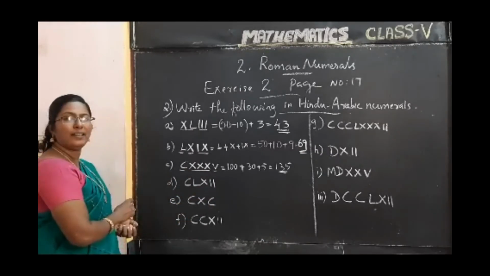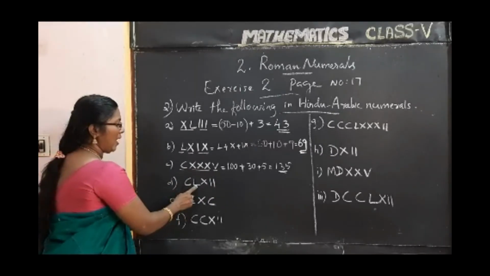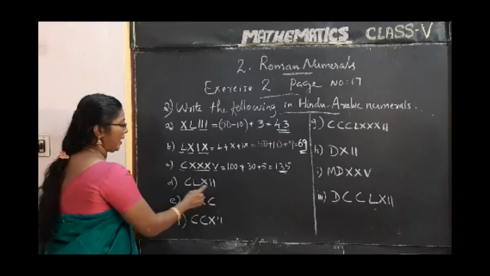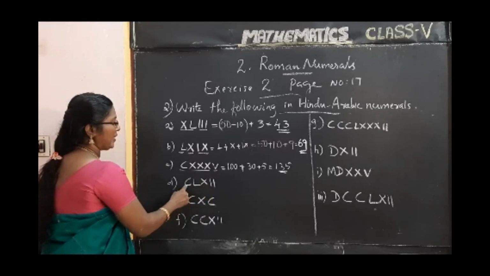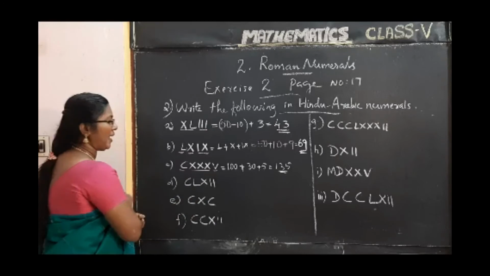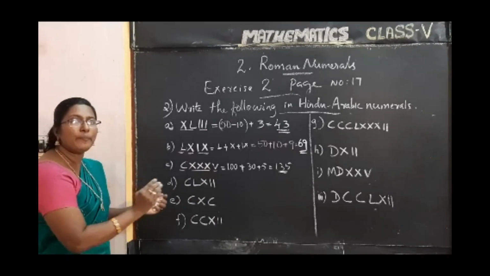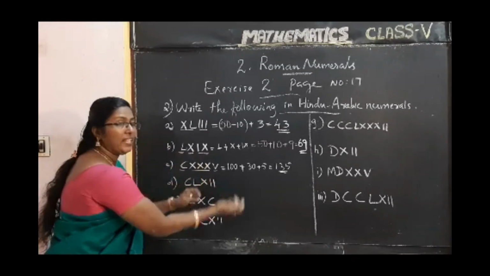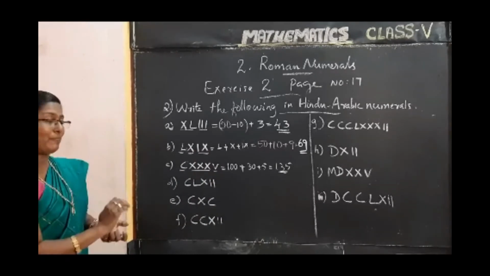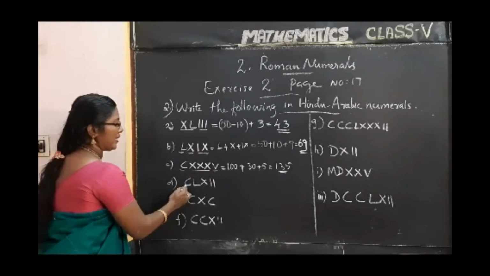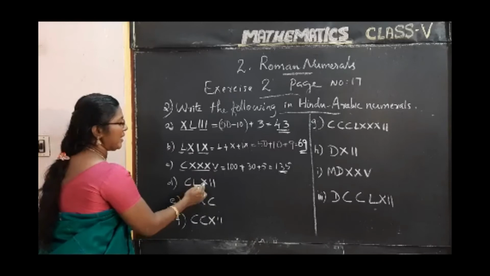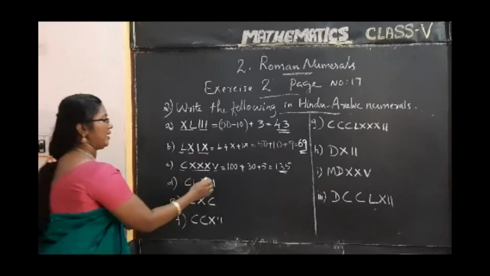The next one, CLXII. L is less than C and X is less than L. So simply add. If the greater number comes on the right side, subtraction. Here C is greater than L and L is greater than X, so addition.